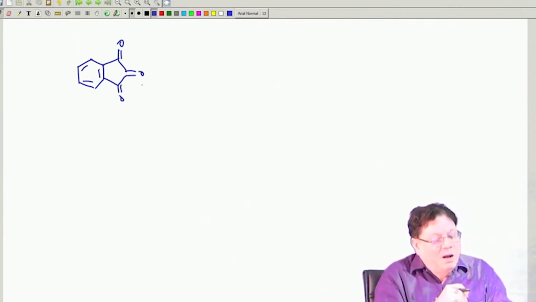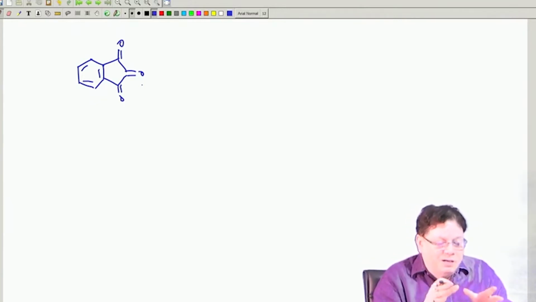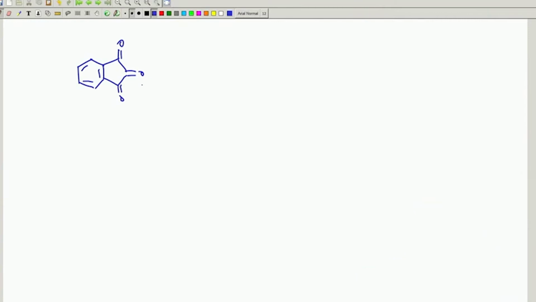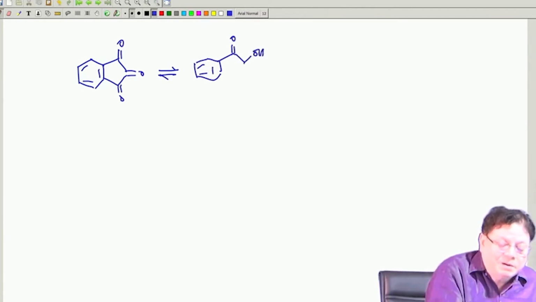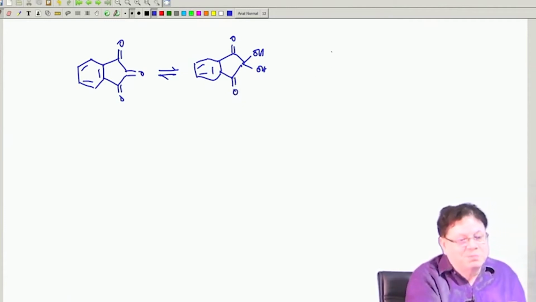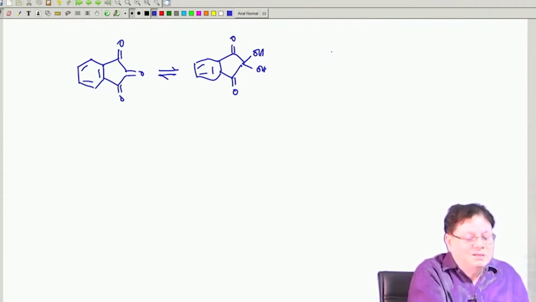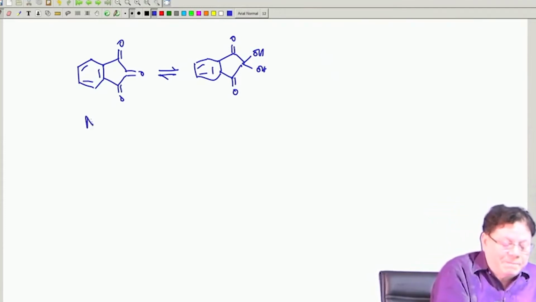However, from the organic chemistry point of view, we know that if a carbonyl is flanked between two electron withdrawing groups, then this can exist in a form which is a geminal diol, like chloral hydrate. There are several examples like this. So, they are in equilibrium, the diol as well as this, the ninhydrin.